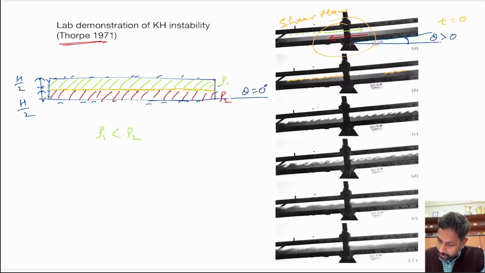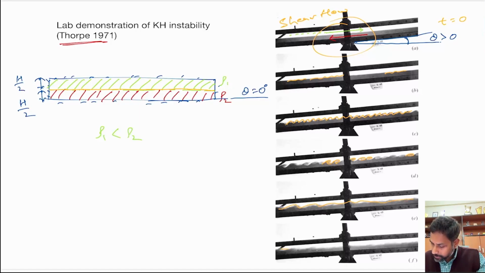Now if you keep this tank tilted, with time the wave amplitude increases, and it increases further and further, and you can see it starts overturning, right? The wave becomes so unstable that it overturns, and now there is good mixing between these two layers.